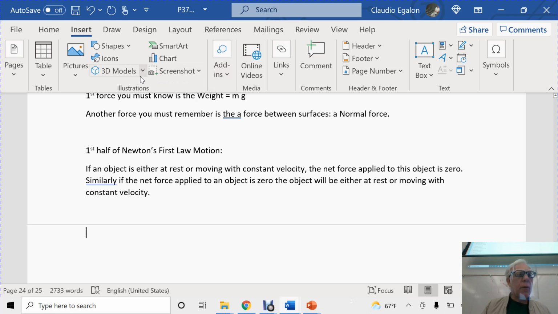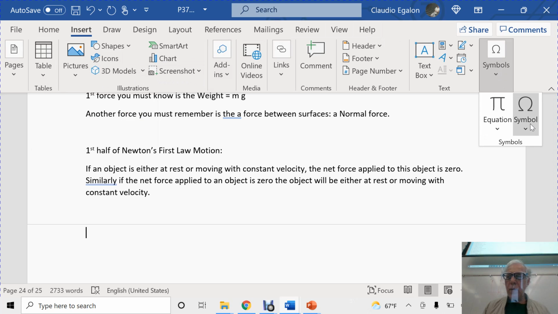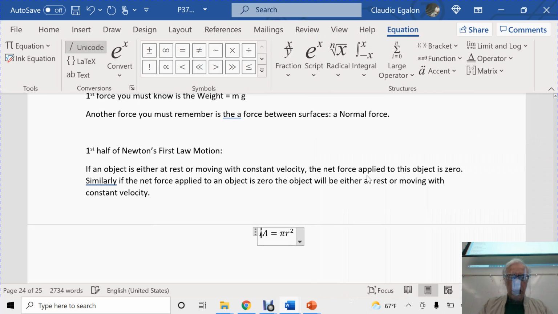If v equals 0, this implies that net force is also equal to 0.